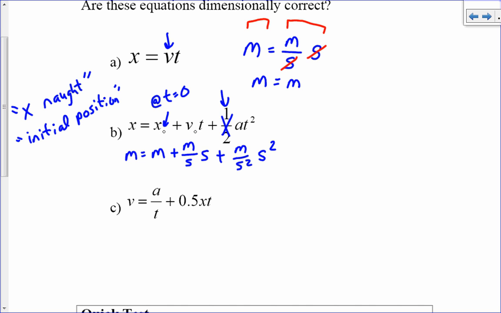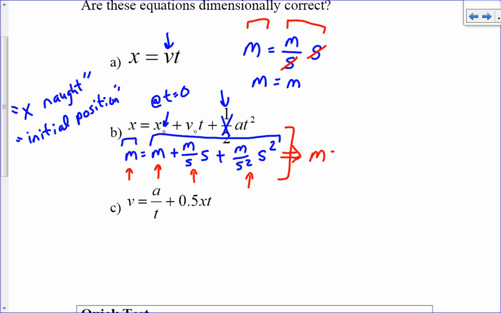And I want to ask myself, are the units on this side the same as the units on this side? And what we're going to need to do is check the units for each of these individual parts. And they all have to have the same units as over here. So I'll write that here.